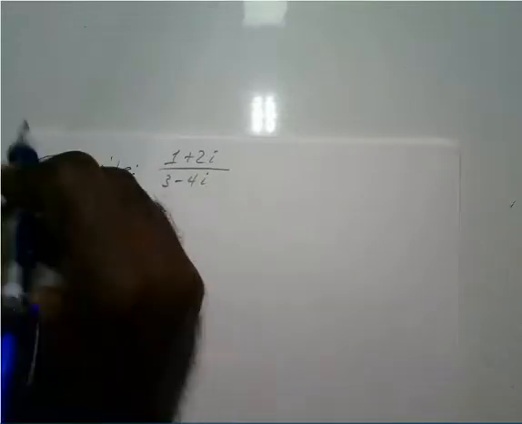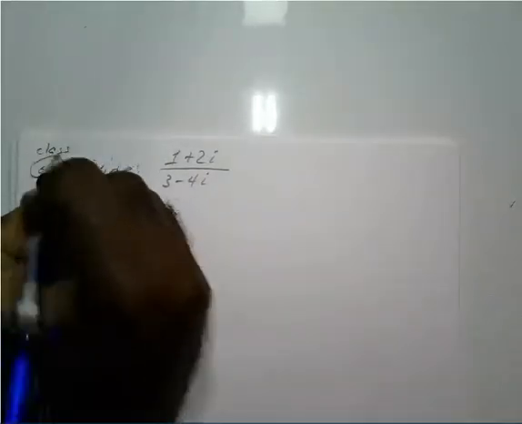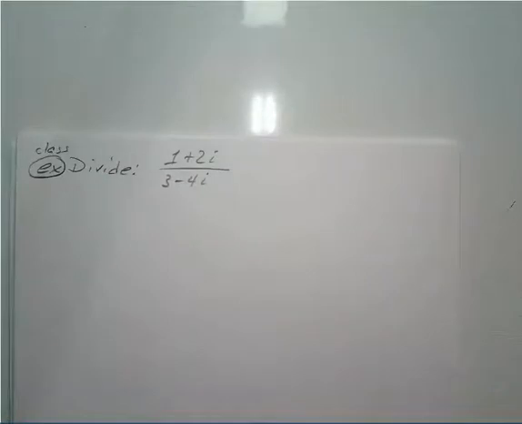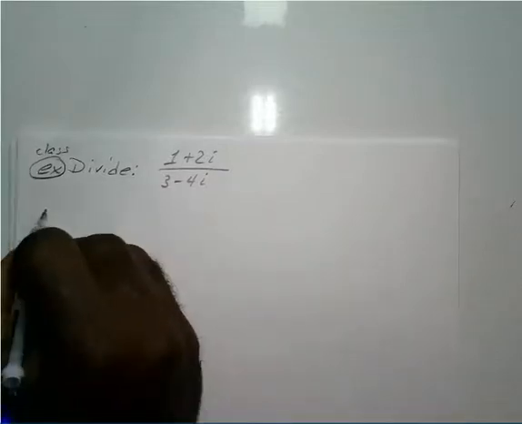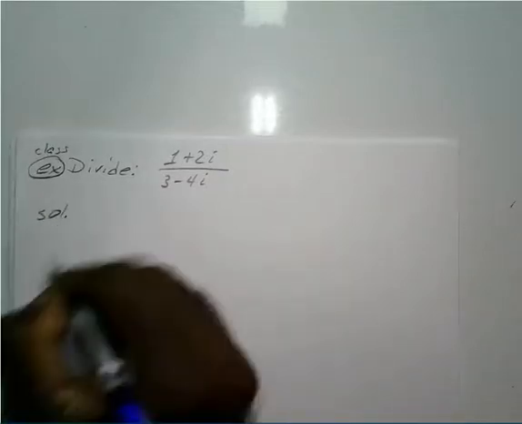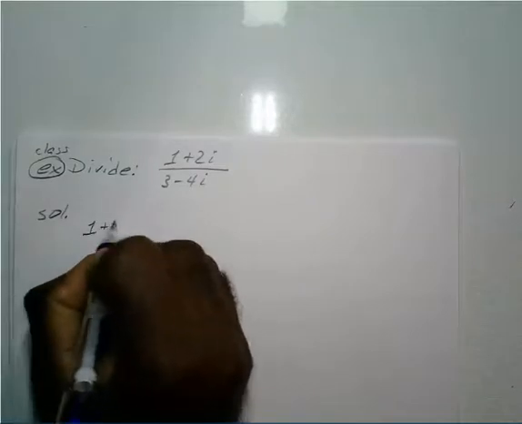What I want you to do is press pause and try to solve this one yourself using the same steps from the previous problem. Alright, so assuming you've pressed pause and solved this one, let's verify it.